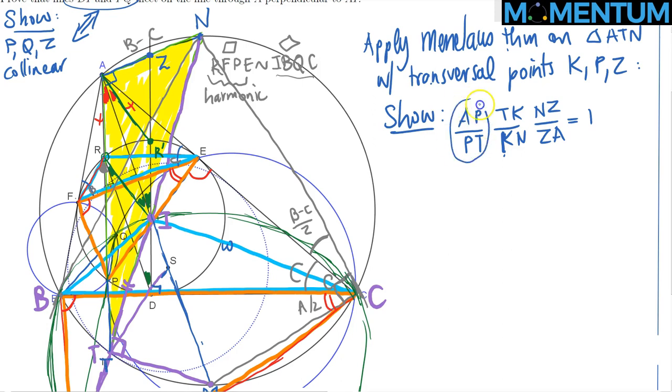Let's start with AP to PT, and this is the most annoying one. Well, obviously AP to PT is simply equal to AI to IS. Recall that PI and TS are parallel segments. Now I can rather focus on AI to IS.